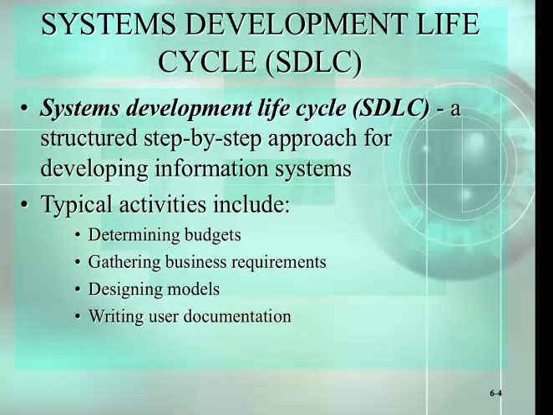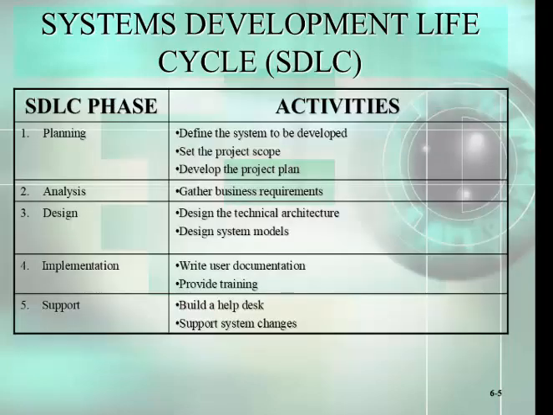System development life cycle. The system development life cycle structures a step-by-step approach for developing an information system. Typical activities include determining the budget, gathering business requirements, designing models, and writing user documentation. We have 5 phases: planning, analysis, design, implementation, and support. Planning defines the system to be developed and sets the project scope.